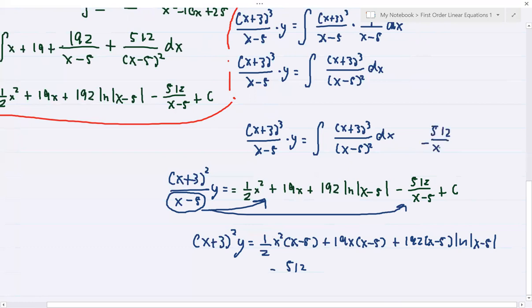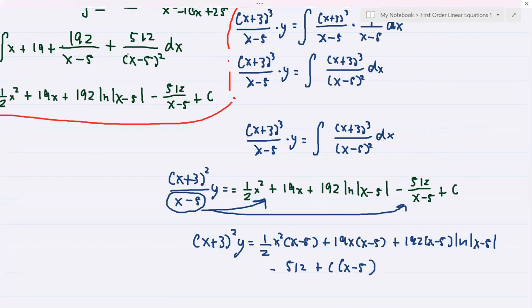Negative 512 all over x minus 5 times x minus 5. So cancel out, you will have negative 512. Okay? So that's how you got it. Plus C times quantity x minus 5. Okay, so that's it.